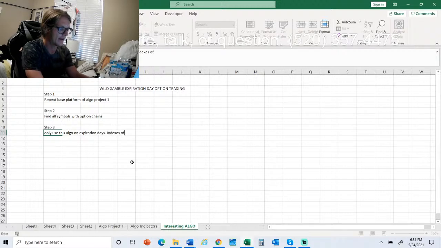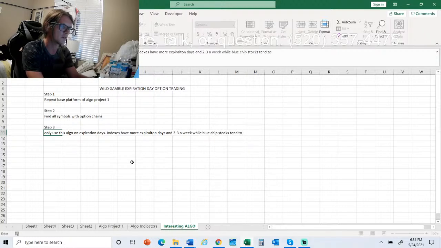Indexes have more expiration days, 2 to 3 a week, while blue chip stocks tend to have weekly or monthly expirations.